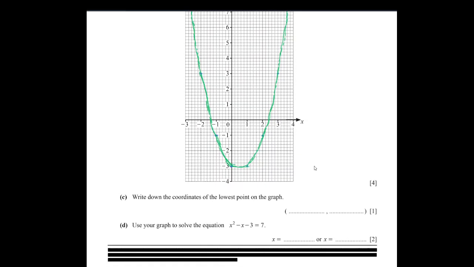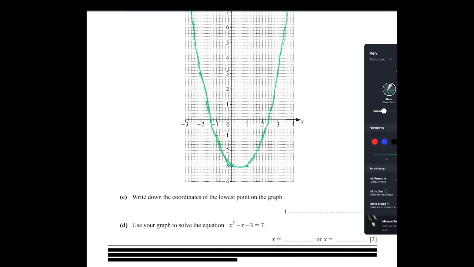Now question number C, write down the coordinates of the lowest point on the graph. For this we need to find out x.